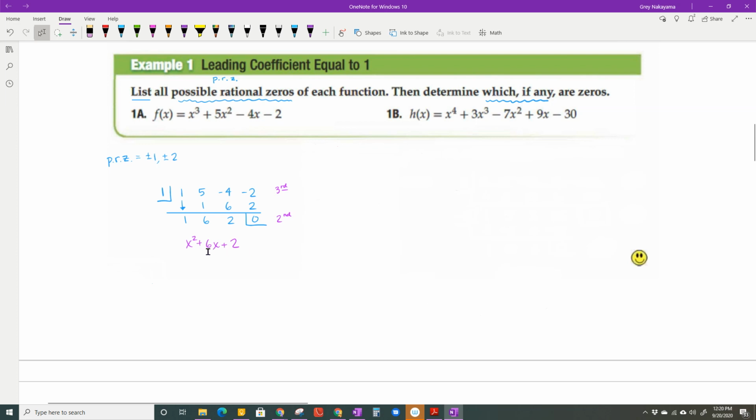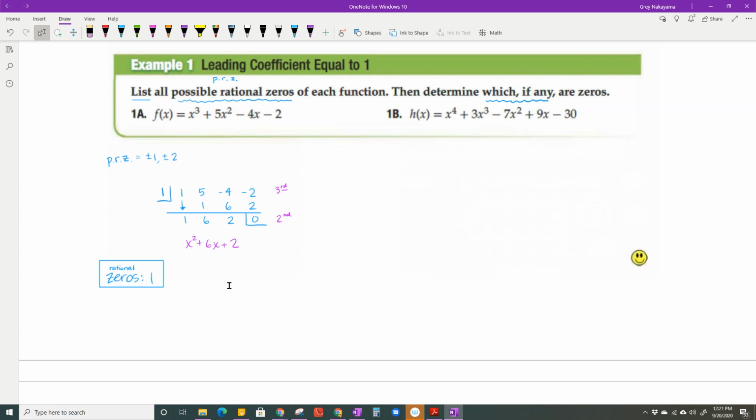Now, you can go graph it, you can go see there are no factors of 2 that add up to give me 6. So I actually know that I'm done here, and I have all my rational zeros. The only one I have is 1, because there's no way that negative 1 plus or minus 2 are going to factor into that. So that's all we had to do for that one.